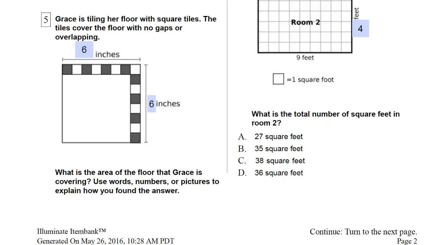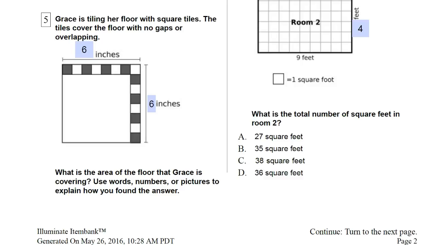Nice job. Now look at number 5. It says Grace is tiling her floor with square tiles. That means that all the tiles measure the same length. The tiles cover the floor with no gaps or overlapping, meaning there's no tiles that are on top of each other. What is the area of the floor that Grace is covering? So let's just work on that.